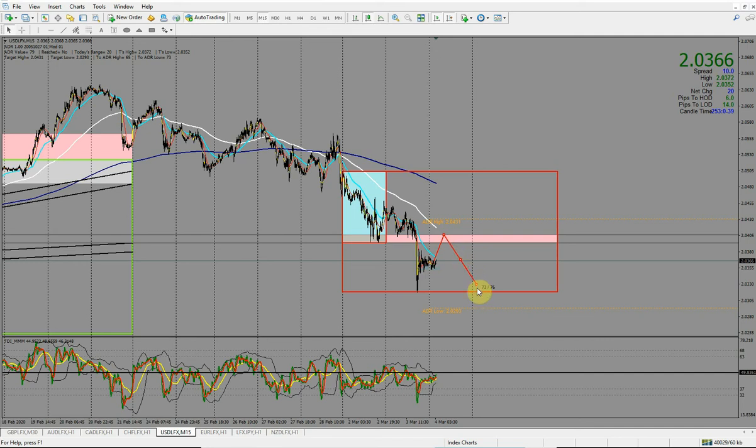I'm gonna look for 79 pips. So I'm gonna enter here and then take it to that 79 pips, which is my ADR low. I hope that makes sense.